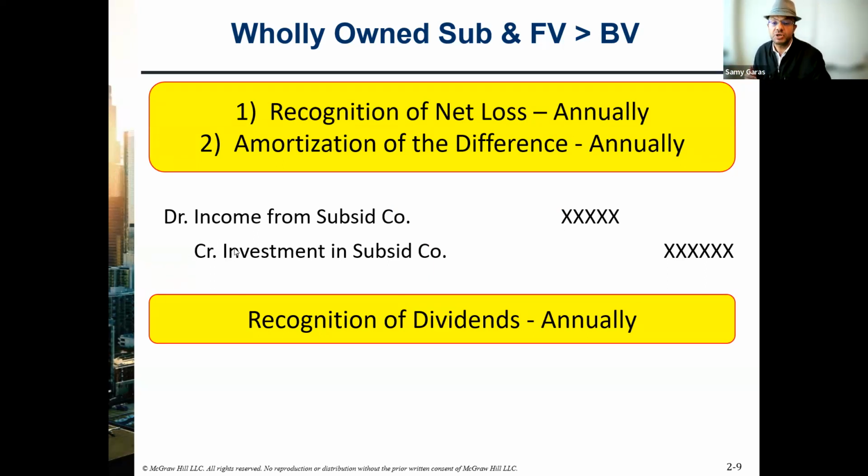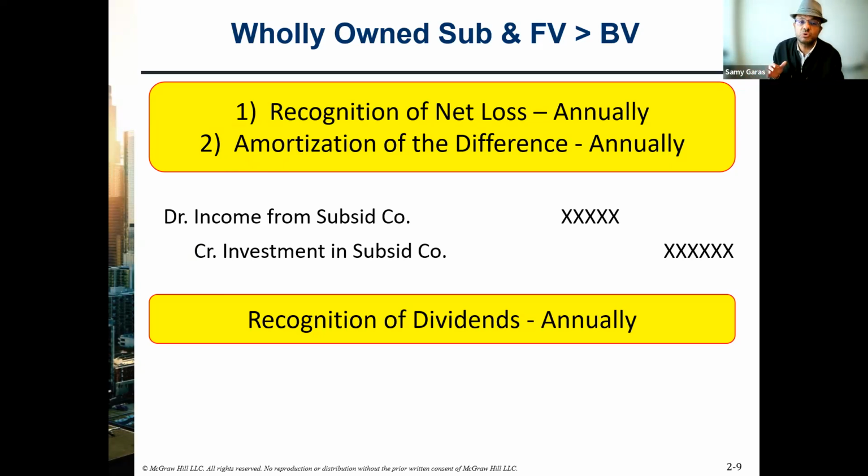We debit income, credit investment, but now we see a new situation that we didn't have in chapter 2. We call it the amortization of the difference, because the investment amount by the parent is higher than the book value of the subsidiary. We take this difference and amortize it over a number of years that will be given to you in the exercise.